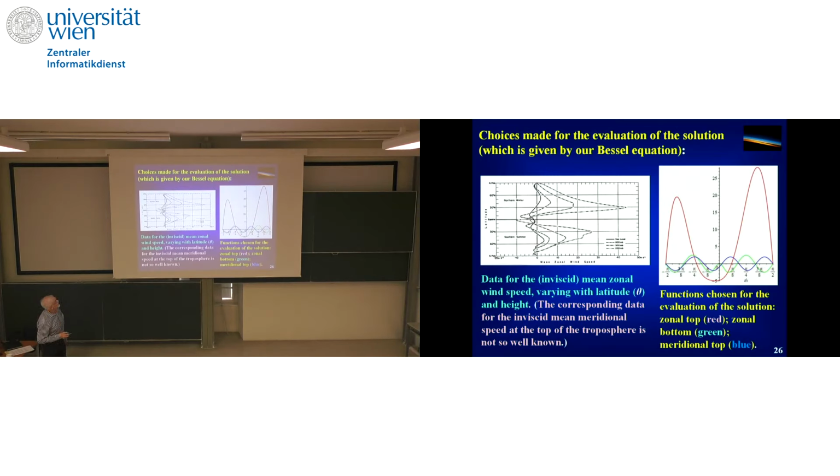But that, schematically, is what I chose as the relatively simple functions that mimic what we've got over here. The red curve is the zonal velocity field at the top. The bottom of the zonal is the green, which is based roughly on what I'm seeing here. And I've had to choose an appropriate meridional top, which is the one in blue there.